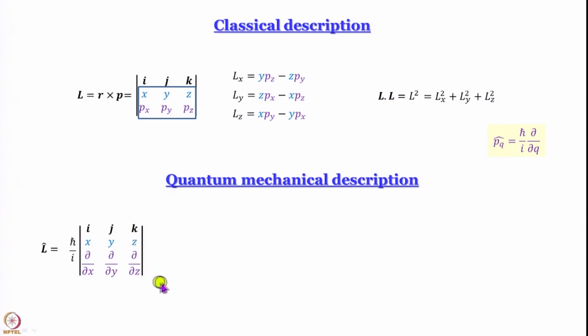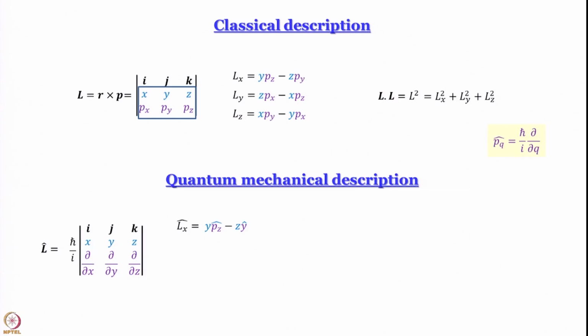In the third row you are going to have h cross by i del del x, h cross by i del del y, h cross by i del del z. So, you might as well take the constant h cross by i outside the determinant, because the determinant multiplied by a constant is what you get, and then the x component is very similar to what you have there, instead of pz you write pz hat, that is all.